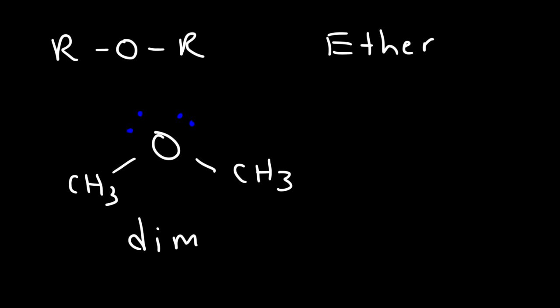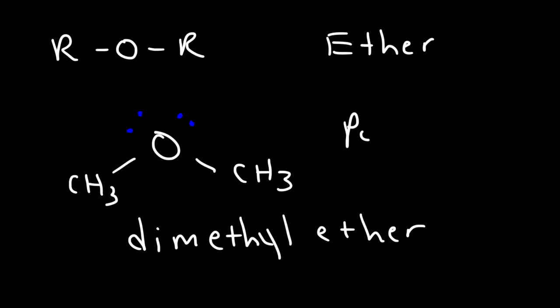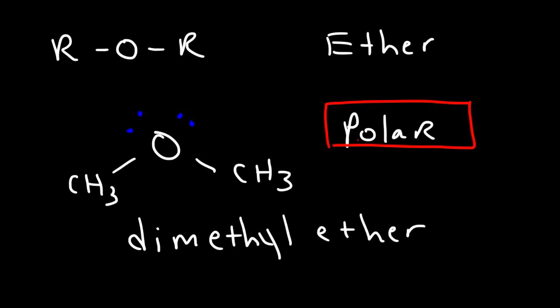So it's called dimethyl ether. Ethers are polar due to the oxygen. And as long as you don't have too many hydrocarbons attached to it, if the hydrocarbon chain is not so big, it's going to be a relatively polar molecule.